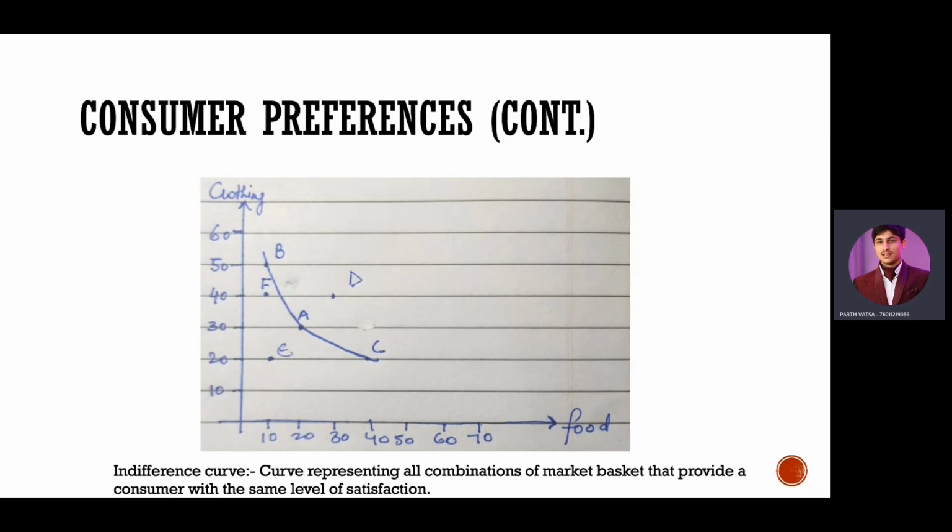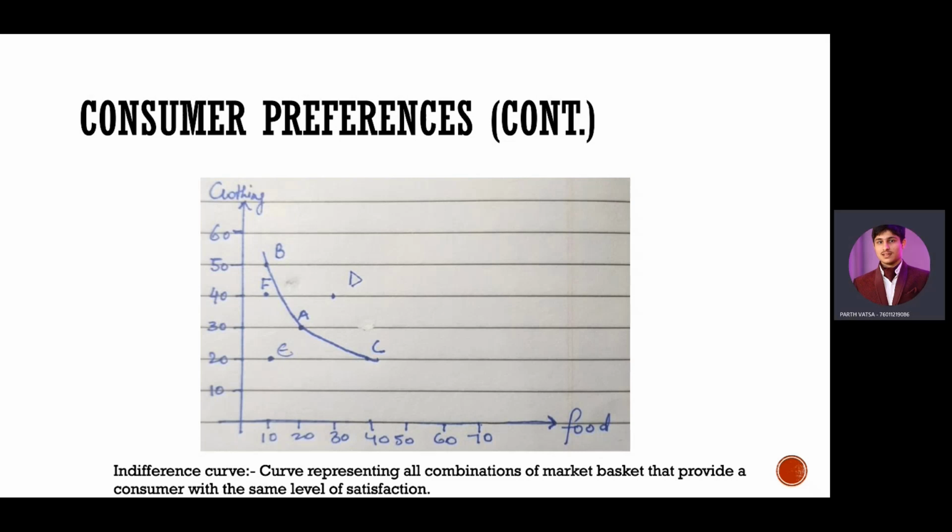For example, let's take market basket A. Market basket A would be preferred over market basket E because utility is higher in A than in E. And D would be preferred above A because in market basket D the utility is even higher. As you can remember, as per the law of transitivity, market basket D would also be preferred over market basket E. So that's how this thing is working.